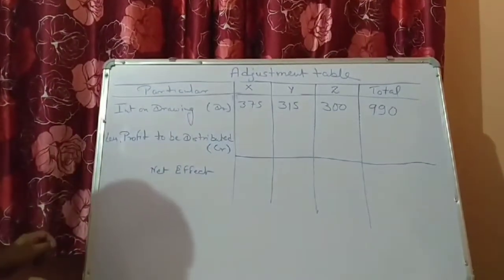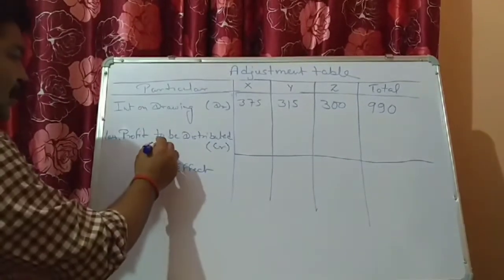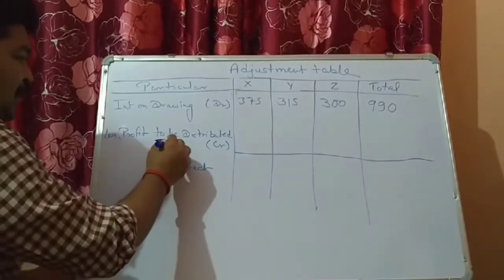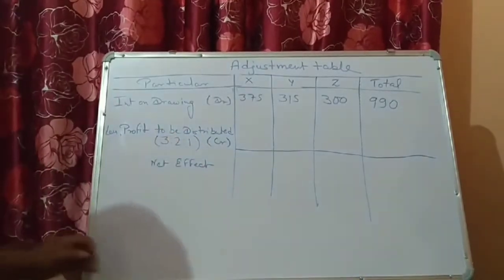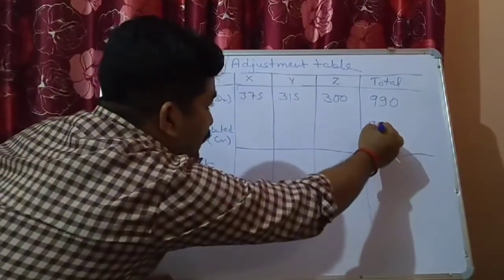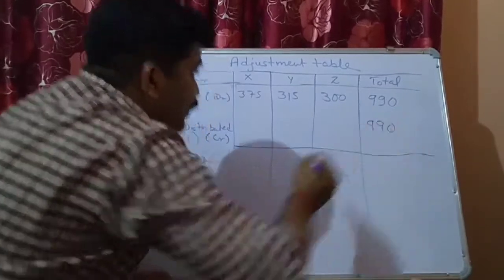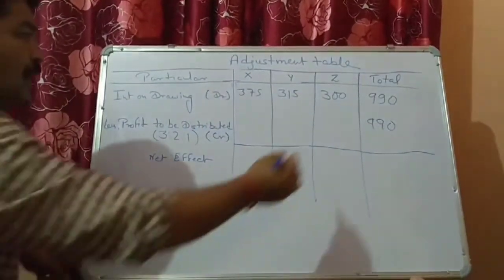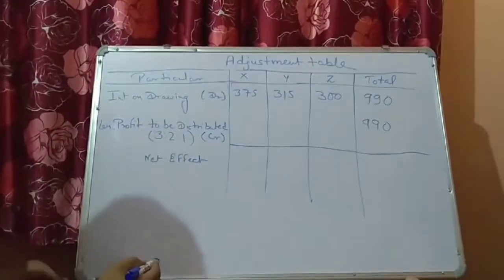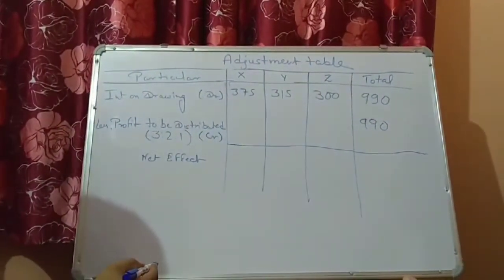Now this 990 is distributed in the ratio of 3 to 1, which is given in the question.